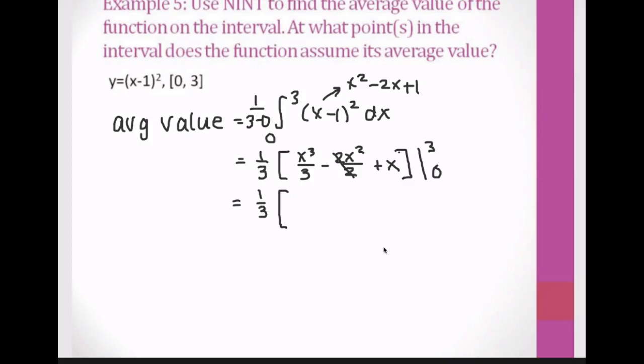Plug in your 3, so you have 3 cubed over 3 minus 3 squared plus 3 minus zeros, because 0, 0, 0. 3 cubed is 27. 27 divided by 3 is 9. Minus 9. So that cancels. Plus 3. So we do in fact see that we can also calculate that average value of 0.